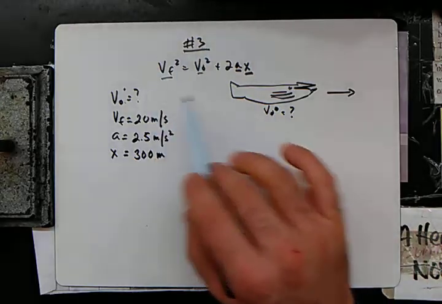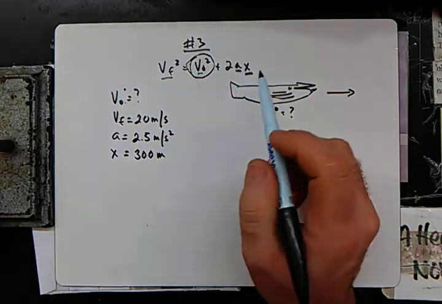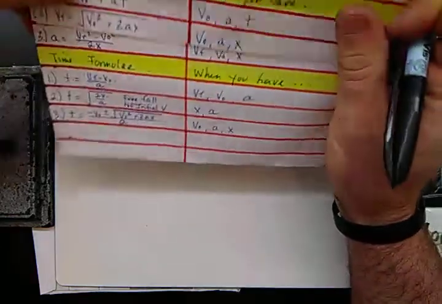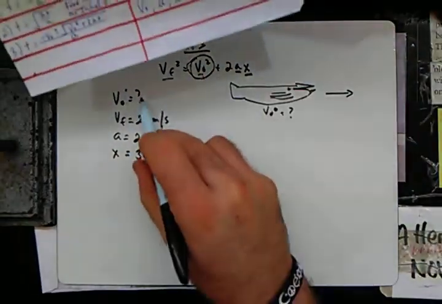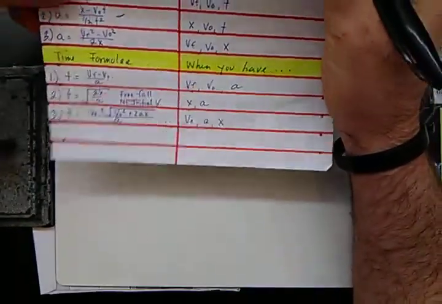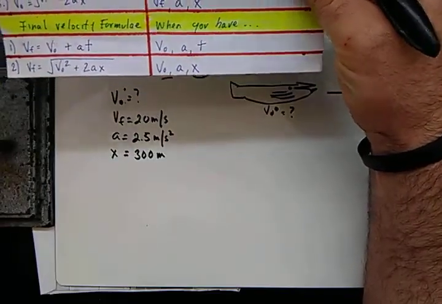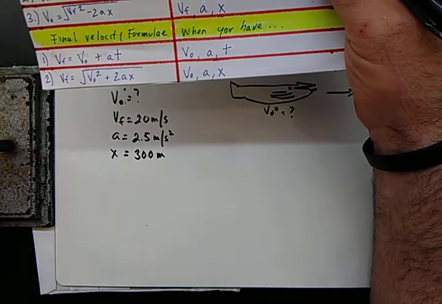Now, I think it's beneficial in physics to have that formula ready. You're looking for initial velocity, and I found the other day that you preferred to use this formula sheet here.